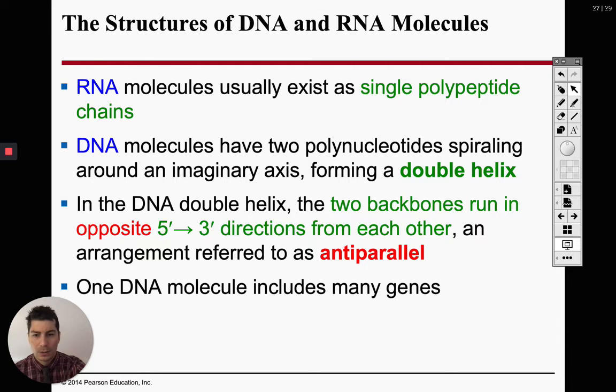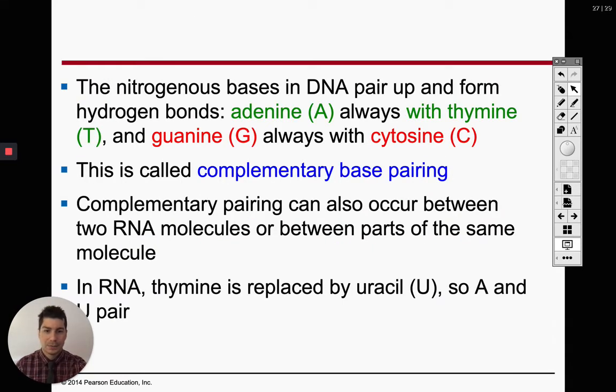So we'll go over that in a few minutes, guys. We're usually going to go 5' to 3'. And then one side's going to be 5' to 3', and the other side's going to be 3' to 5'. I'll do my best in drawing that for you guys to make everything pretty legible.